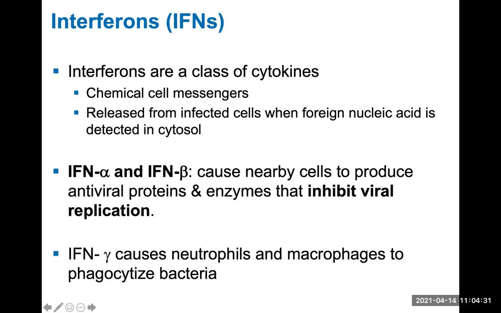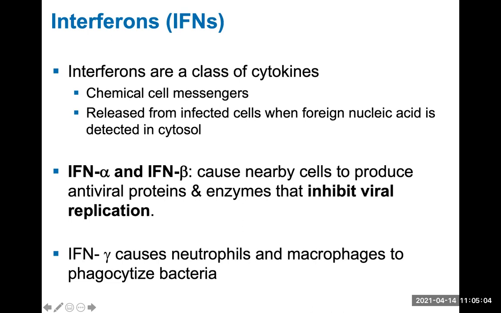Once a cell becomes infected, it will start to secrete interferon alpha and beta so that its neighbors know that the virus is coming, and they can start making antiviral proteins and enzymes so that they don't become infected. Interferons are messengers that cause a reaction, right? So these are a special category of cytokines.